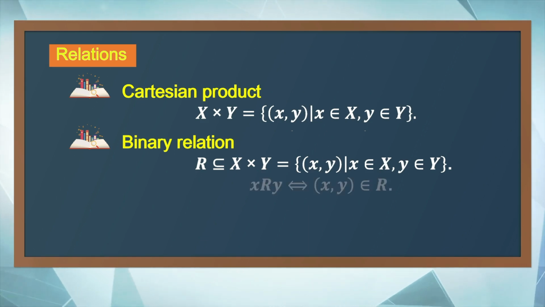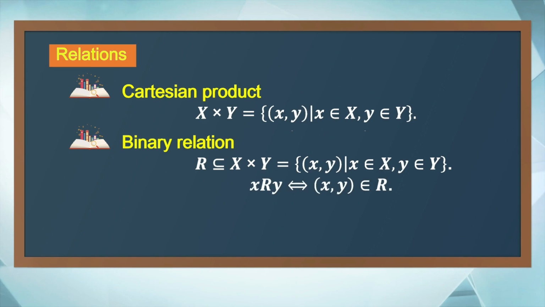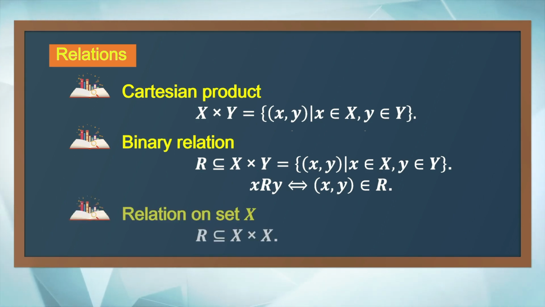Moreover, when the ordered pair (x, y) belongs to R, element x is said to be related to element y by relation R. We often use this notation to denote that x is related to y by R. A relation from a set X to itself is called a relation on X. A relation on a set X is a relation from X to X. In other words, it is a subset of the Cartesian product of X and X.